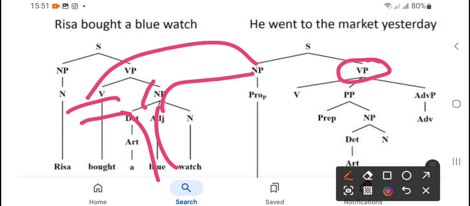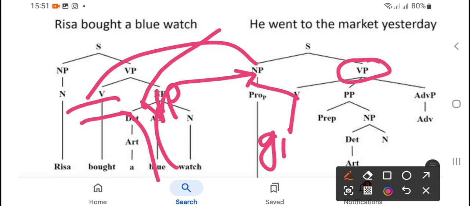Now this is verb phrase, right? So that's what happens in verb phrase. First is verb, right? What is verb? Here you should write go. And then write went, past tense, or go, past tense. This way you can write go and then past tense, past, right?